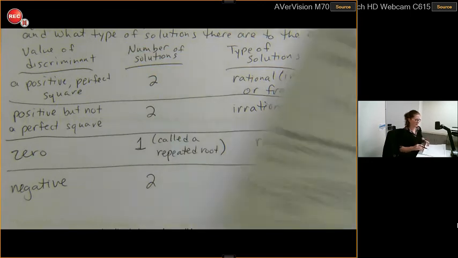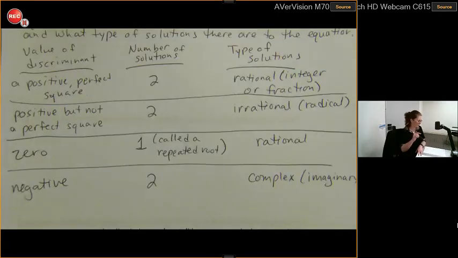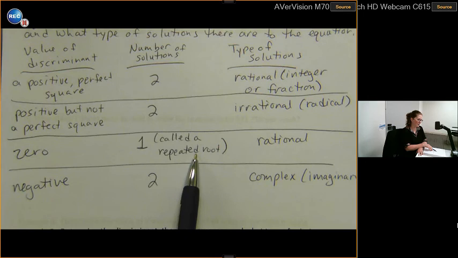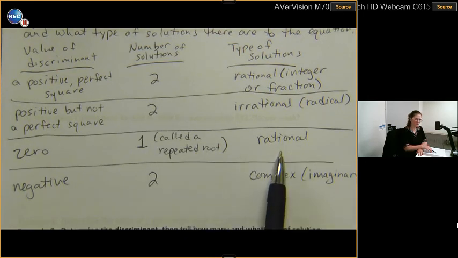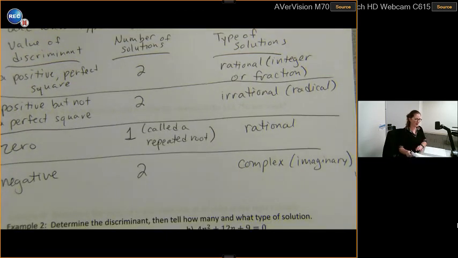And we saw that in part B. In part C, we saw the 0, and then we had one answer. It's called a repeated root, and it is rational, meaning a fraction or an integer. And then if you got a negative, you have two answers, but they're complex or imaginary, meaning there is the i in the answer.